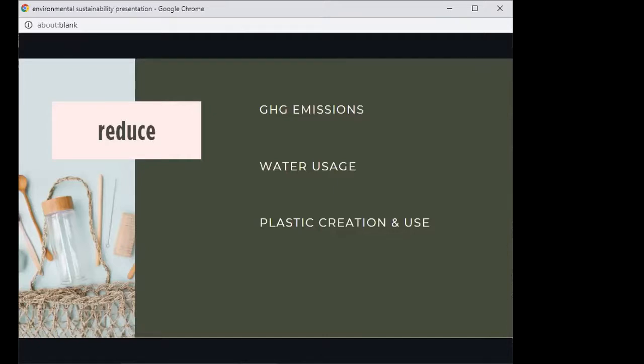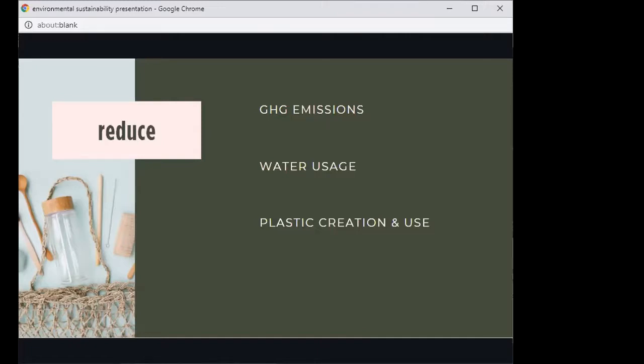Refusing, which is one of the new R's, is just reducing the number of items that you accept. And then rot can actually be covered under reducing the amount of food waste that we send to landfill. So rotting refers to composting. So if we focus on reduce, just the one item, we're covering all of our bases because we're going to be taking care of all 5 R's.